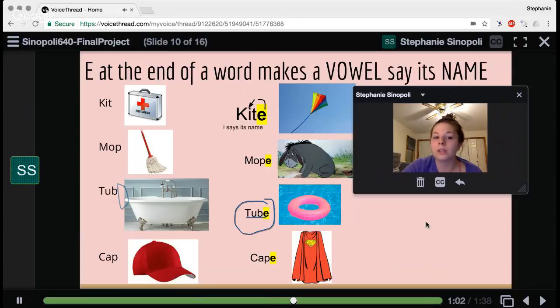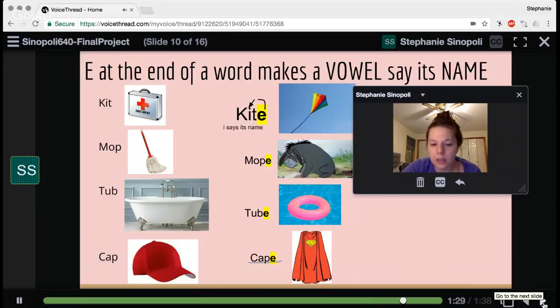Ready, together, because the E makes the vowel, the U, say its name. So tube. Good. Ready? Let's go on to the next one. Cap. Good, Karen. Okay, now this one. Cape. Very good, like the Superman cape. Why is the cap different from cape? Why are those words different, Karen?